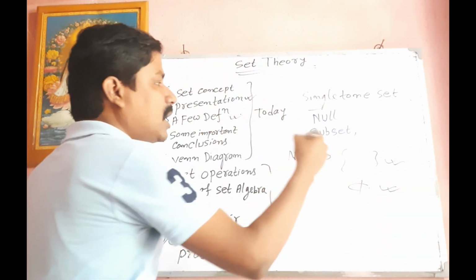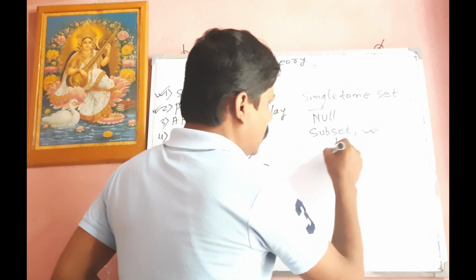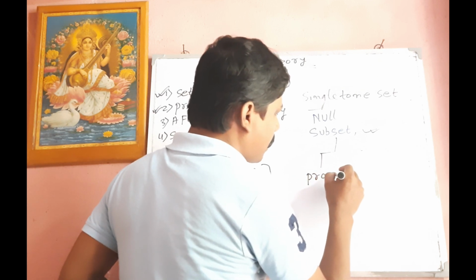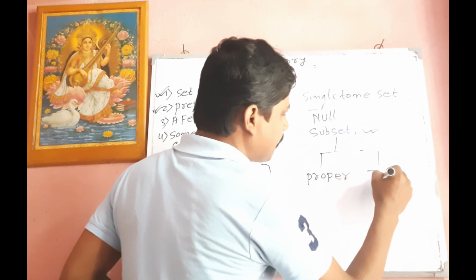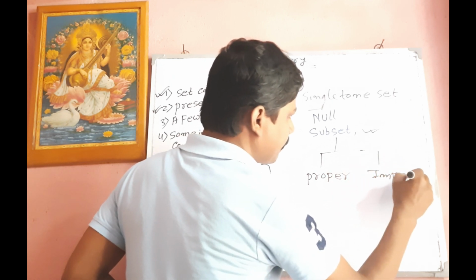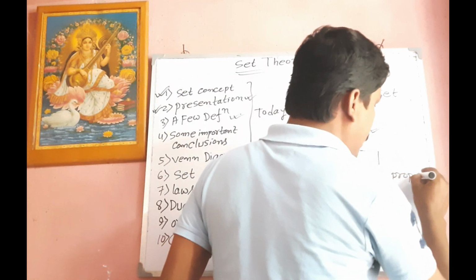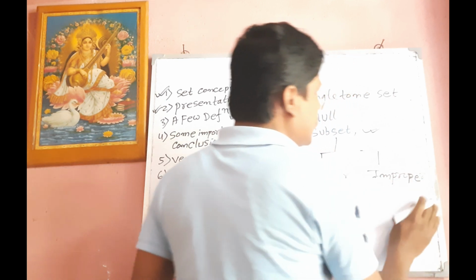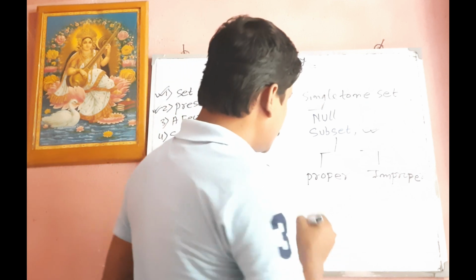Now we are discussing the next part, that is the subset. There are two types of subset. One is proper subset and another is improper subset.